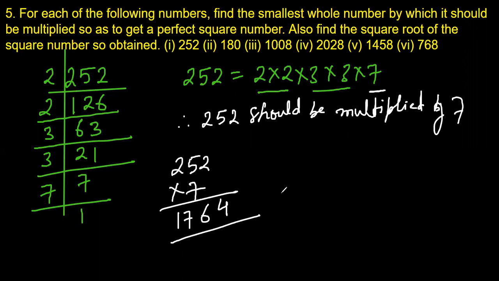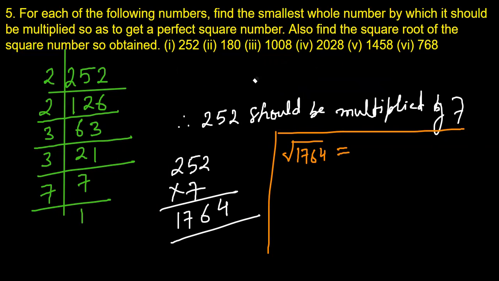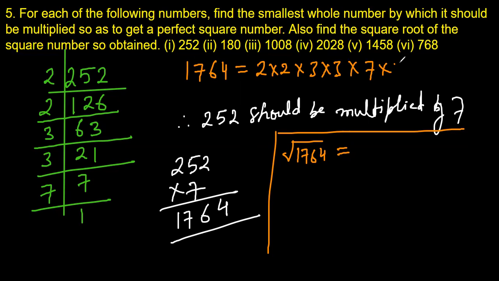All right, and then in the second part they're asking to also find the square root of the number so obtained. That means they are asking for the square root of 1764. Its factors would be 2 times 2 times 3 times 3 times 7 times 7.